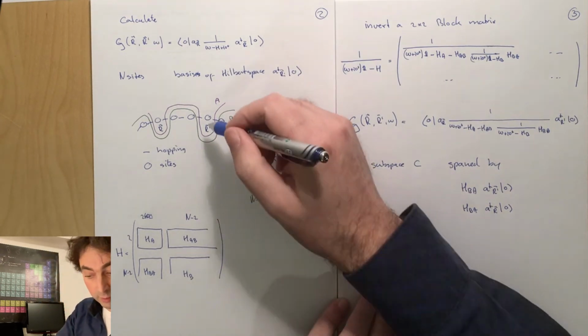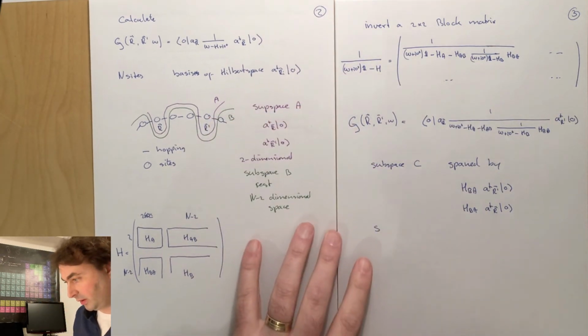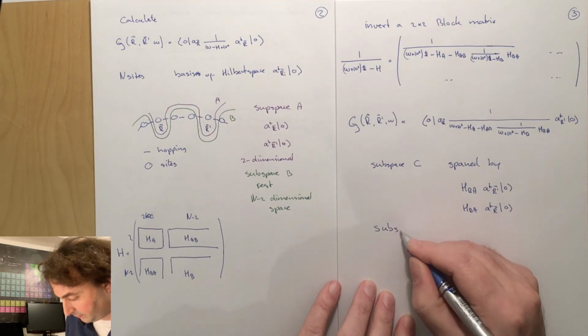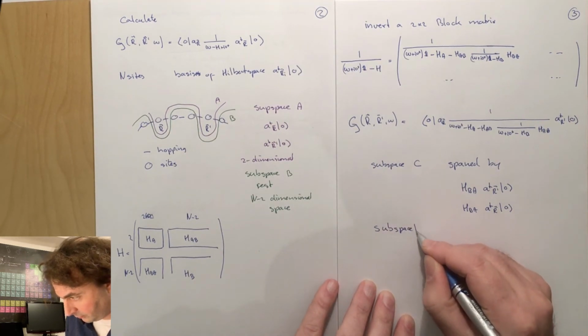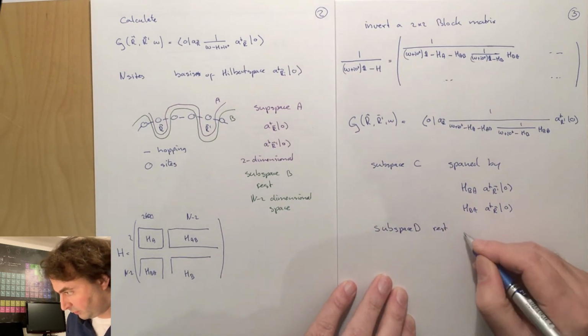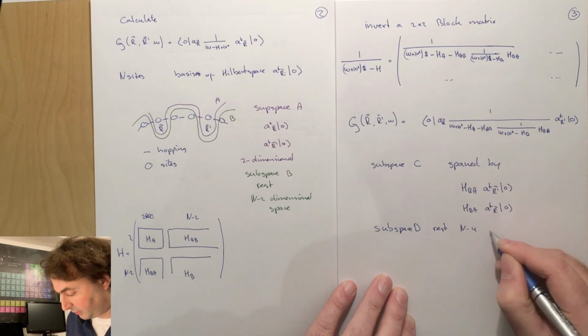But we now say, well, you go from this state to the ones that you go afterwards, and then we can define a subspace D, which is the rest. So that is an n-4 dimensional space.